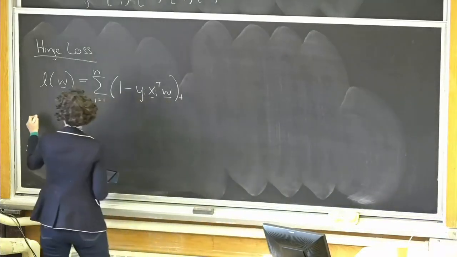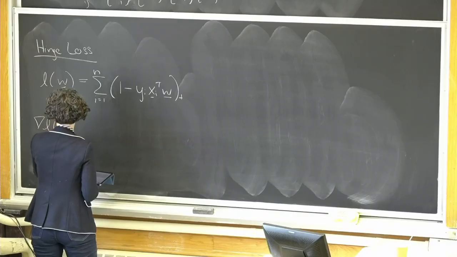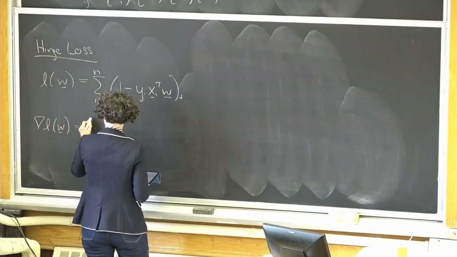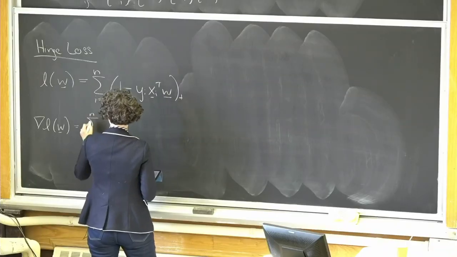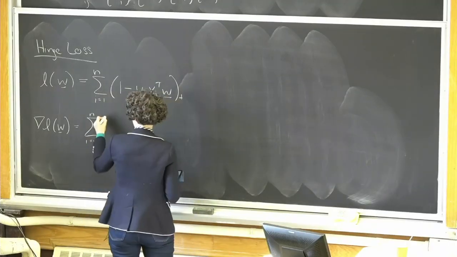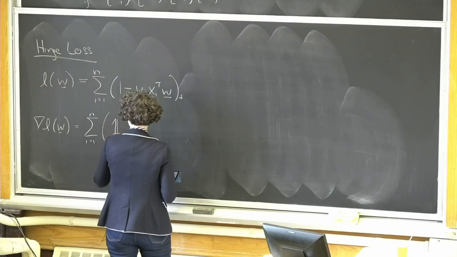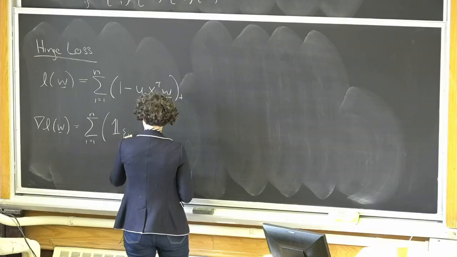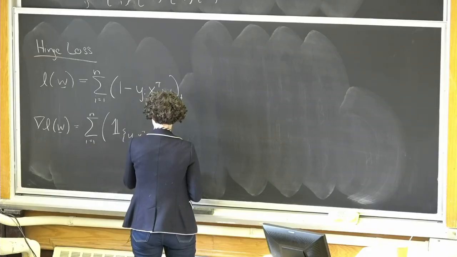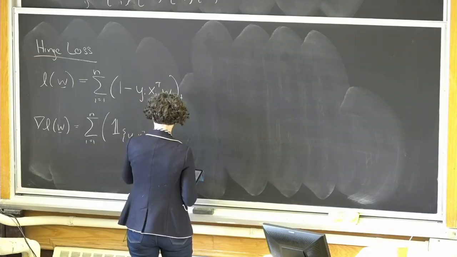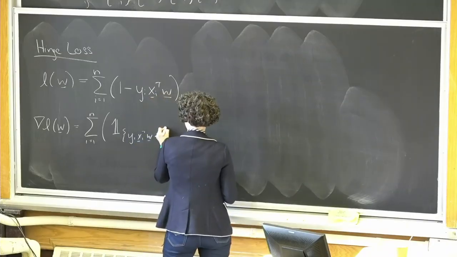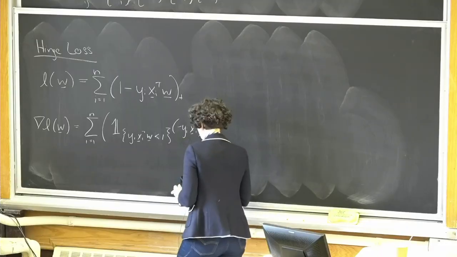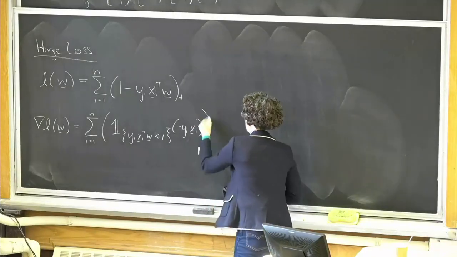And we can also talk about the gradient of this loss. I'll say a bit more about that in a second, but for this class, I'm going to write this as the following. It's going to be equal to an indicator of whether y_i x_i transpose w is less than 1, times negative y_i x_i.